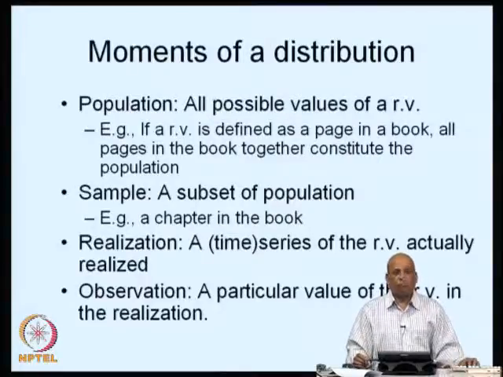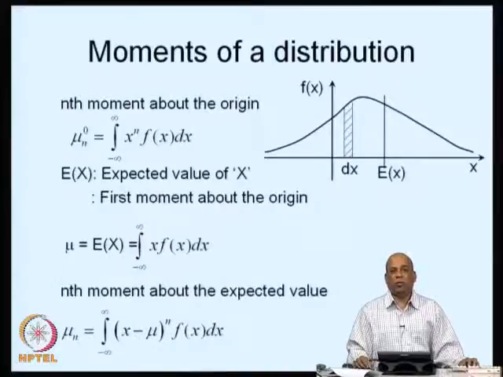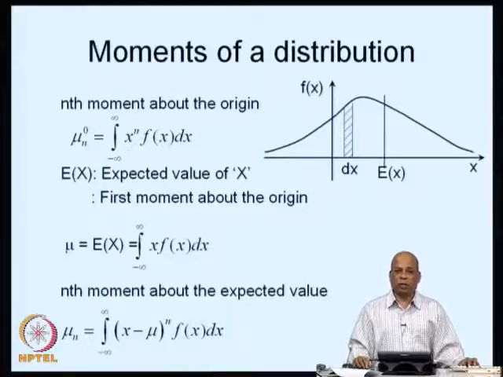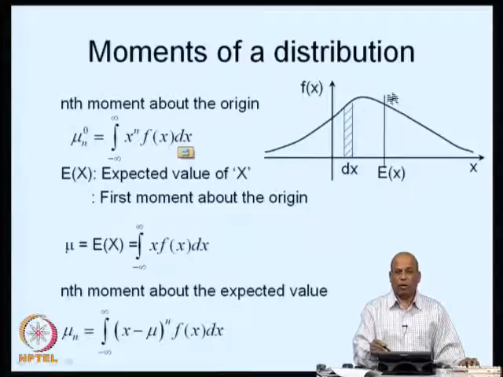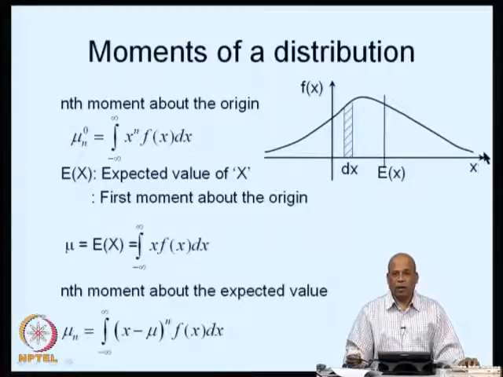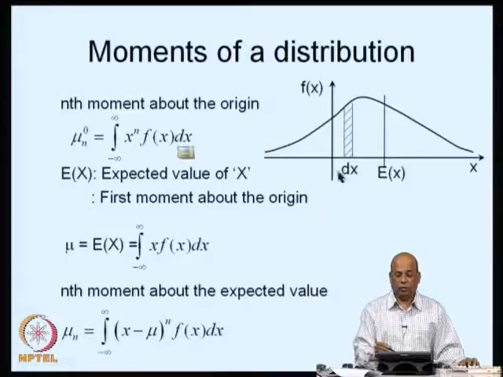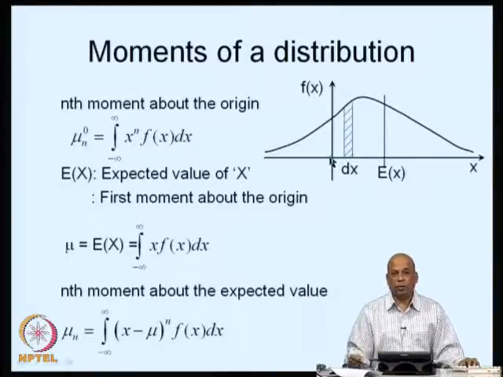Now, with this we introduce the concept of moments of a distribution. This is much similar to the moments that we talk about in mechanics. Let us say you have the distribution f of x here, and this is the origin 0.